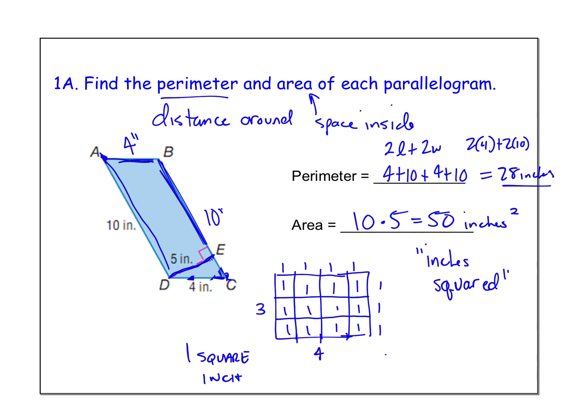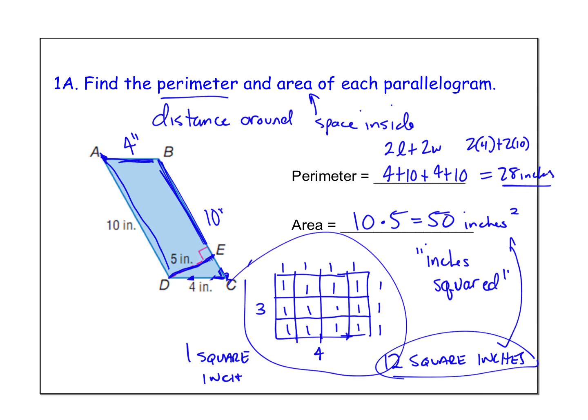So together there would be 12 square inches. So all I say is inches squared. All that tells me is I'm dealing with space. I'm not dealing with a length, I'm dealing with actual space. And this is just a quick version of how and why that works.